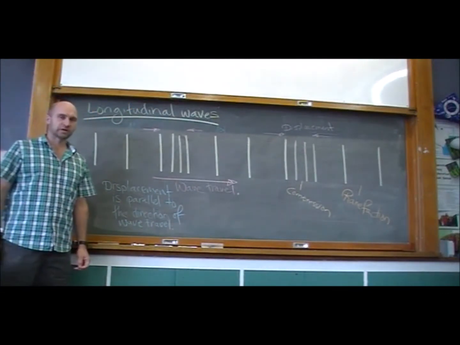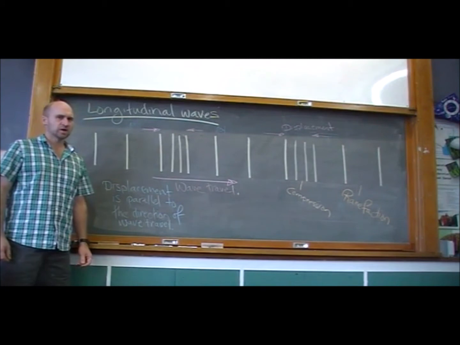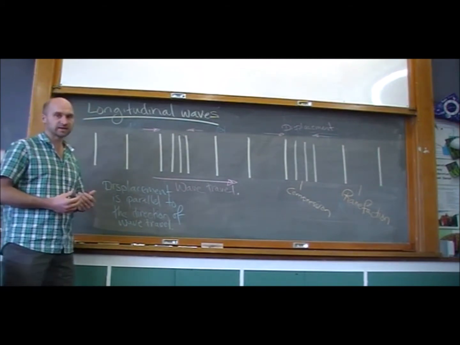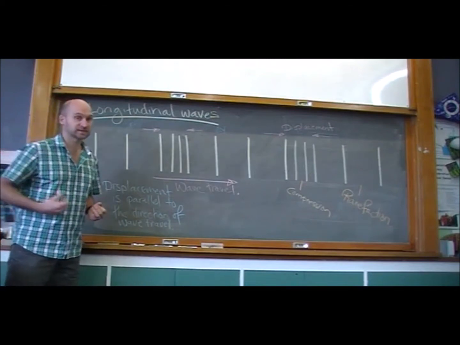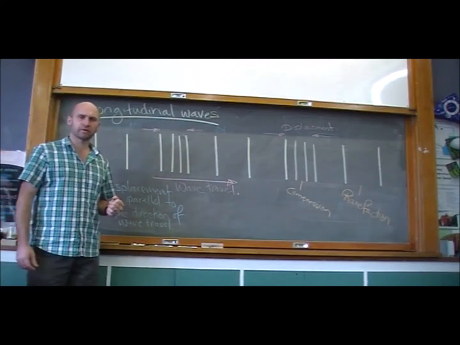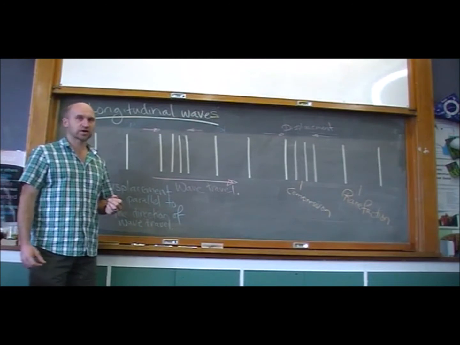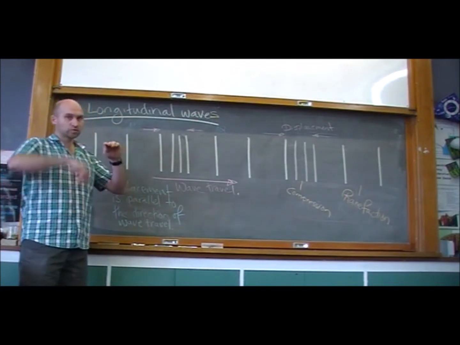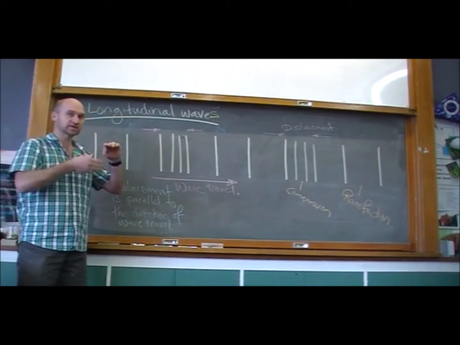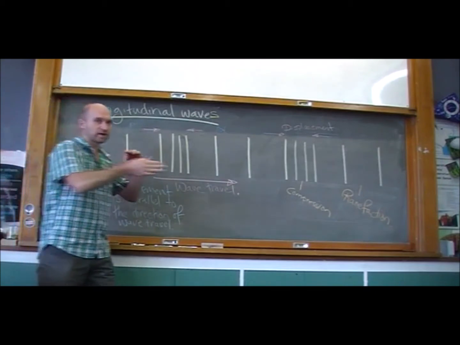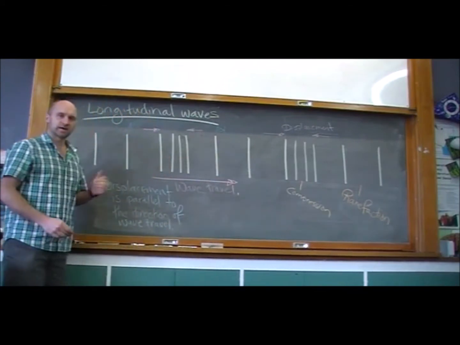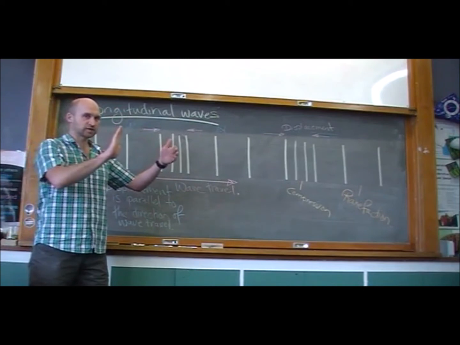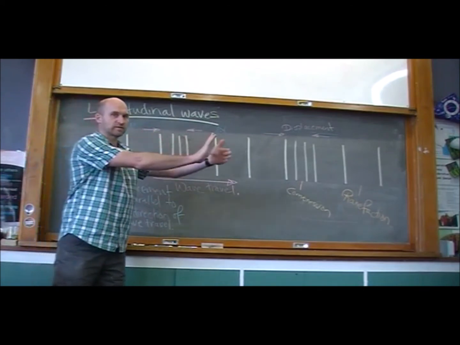Okay, so longitudinal waves. Longitudinal waves are similar to transverse waves in that the medium, the thing they're travelling through, is displaced as the wave travels through it, but unlike a transverse wave that has the medium being displaced at right angles, up and down or side to side to the medium as the wave travels along, in a longitudinal wave, the medium is travelling forwards and backwards as the wave travels along.